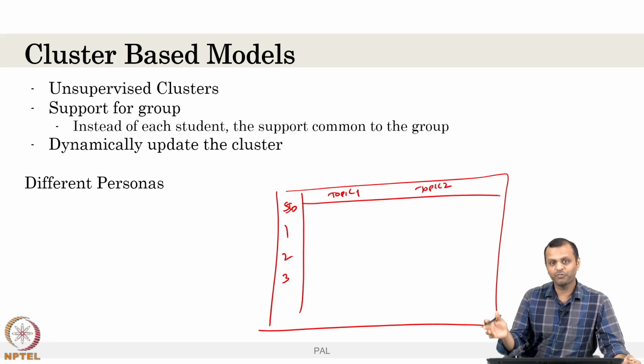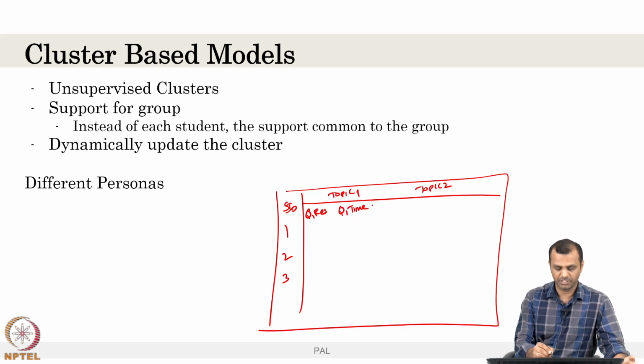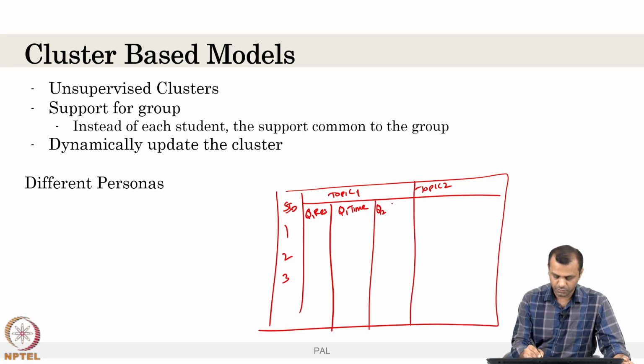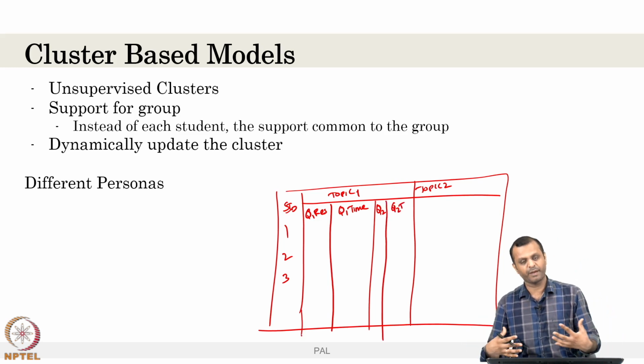You can have more and more features; I'm just keeping it small here. Q1 response, Q1 time: we know whether question 1 is right or wrong, and how much time they spent on it. Similarly Q2 time. Something like this, we have a lot of data captured.